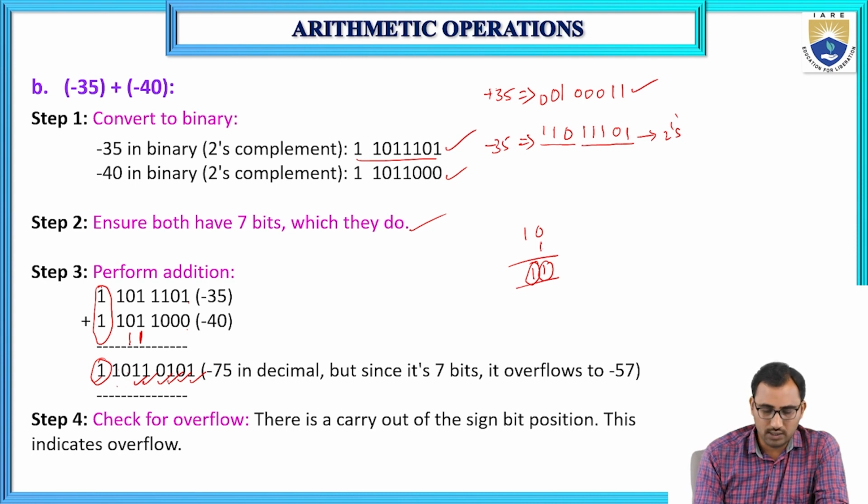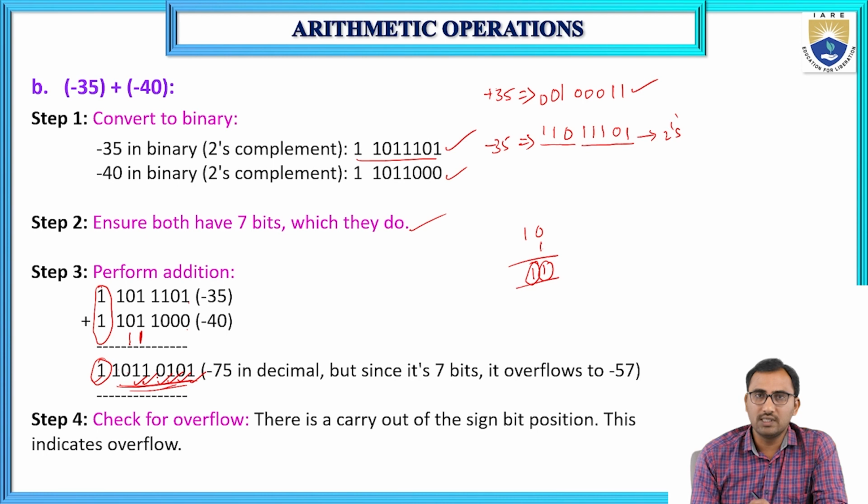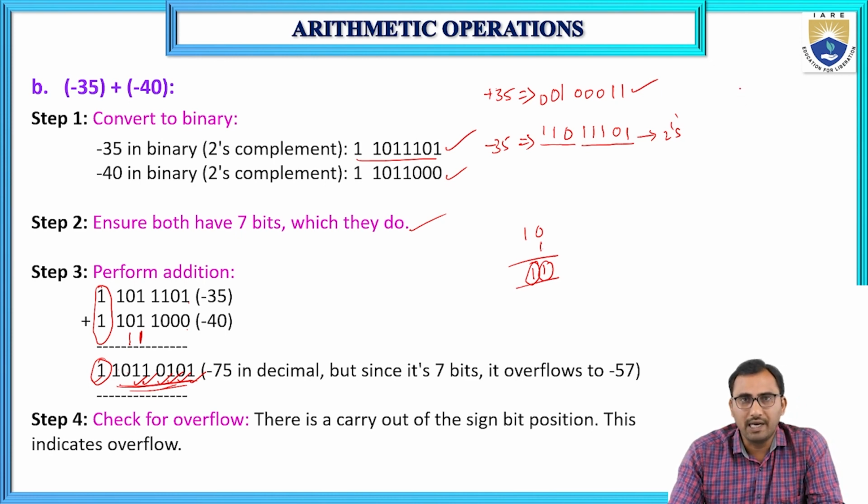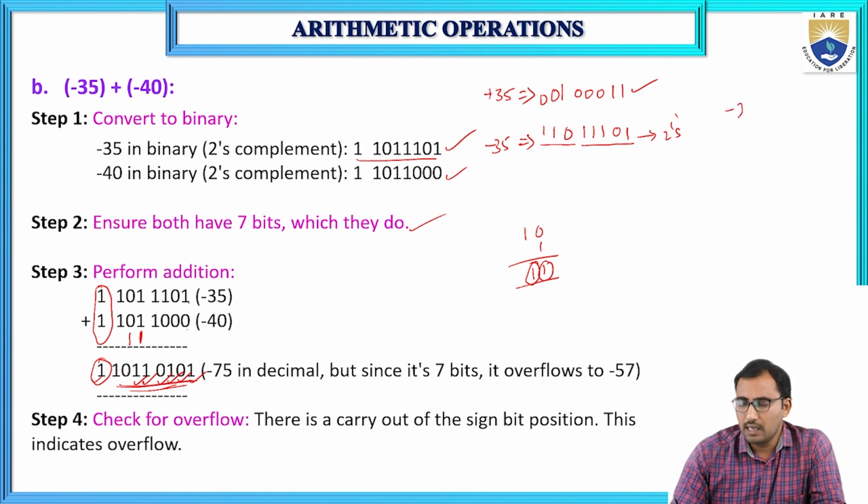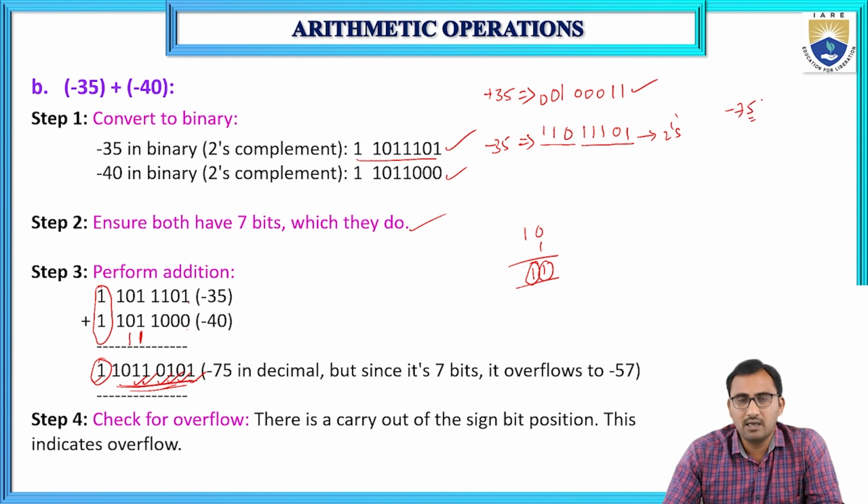Suppose if you want this value, so this is the result. This result is in 2's complement form, because if we add minus 35 and minus 40, the result will be minus 75. We cannot specify the negative values directly, so the negative values are represented using the 2's complement form.